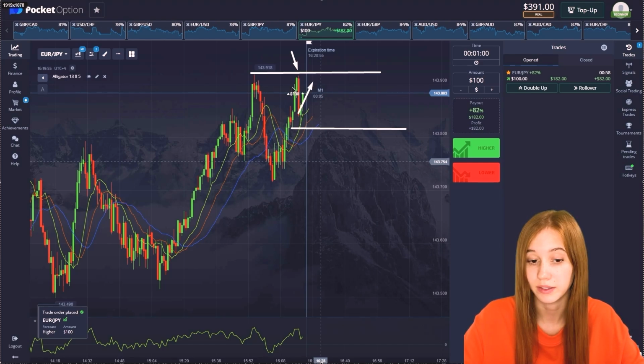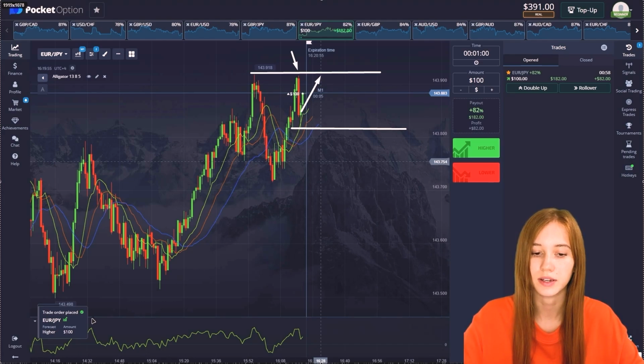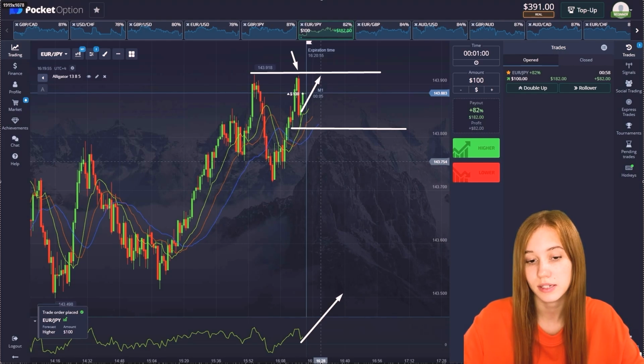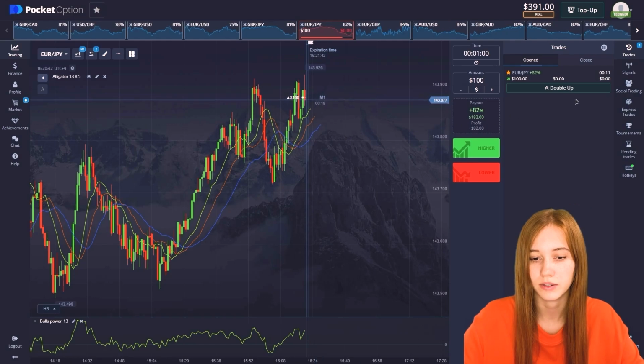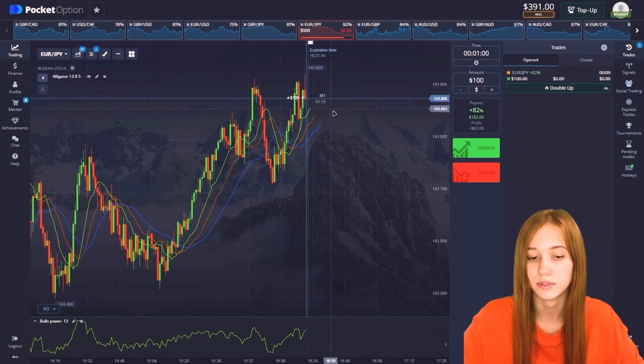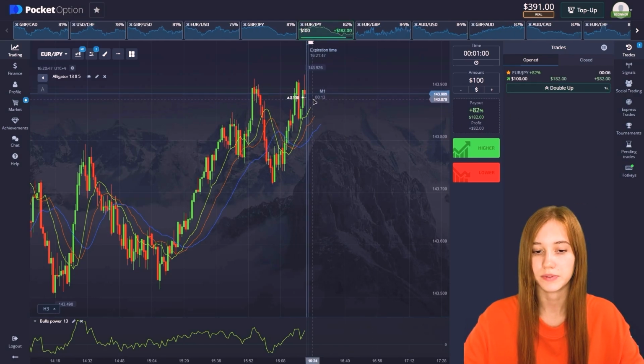We see a good upward trend by the indicator. This is already the third sign. According to the second indicator, the line is directed upwards. This is the fourth sign for opening upwards. Let's see the situation. And there are 10 seconds until the end of the deal.